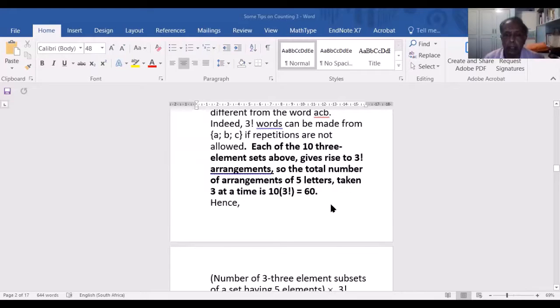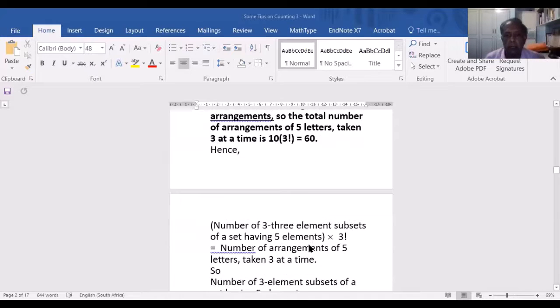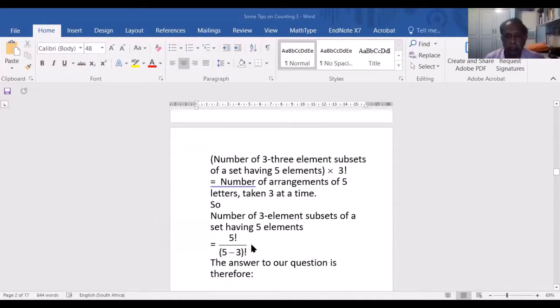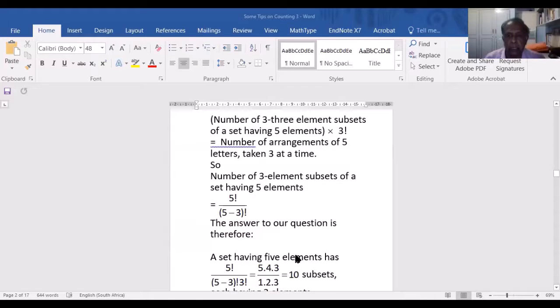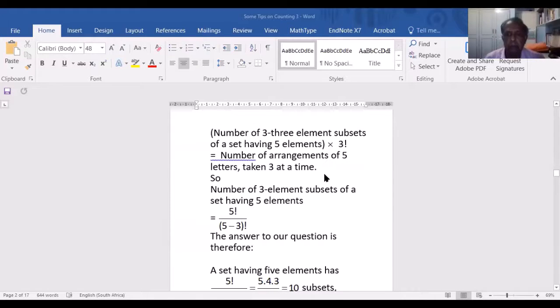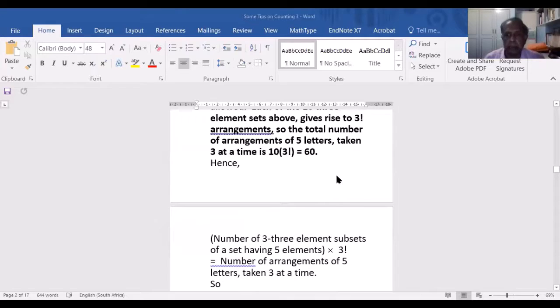So what we had there was 10 times 3 factorial is 60. So eventually, if we rewrite this down, the answer to our question is therefore, this is the key step here: 10 times 3 factorial is 60.